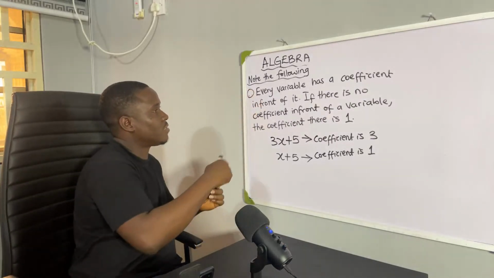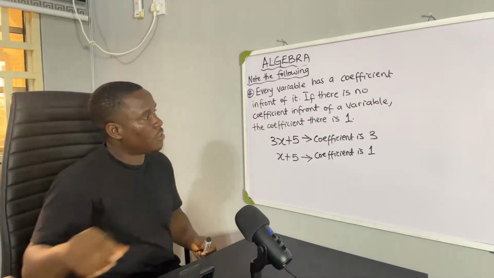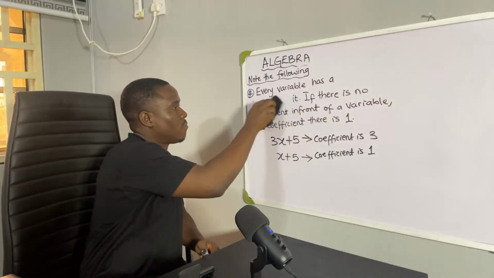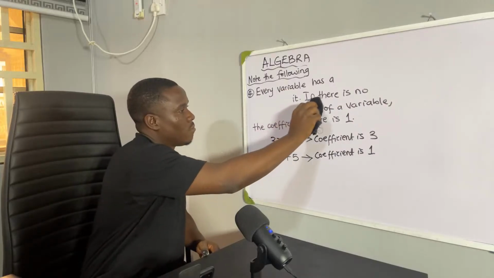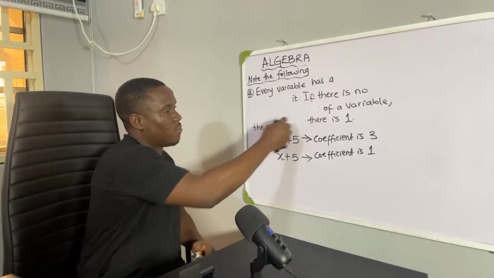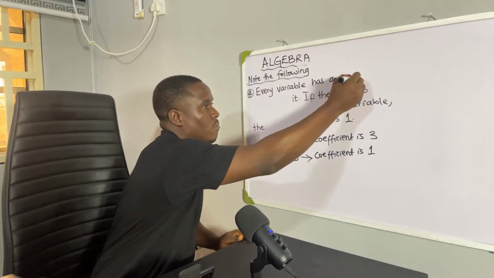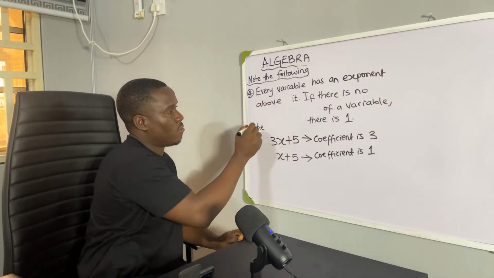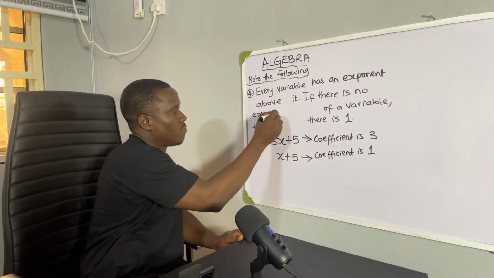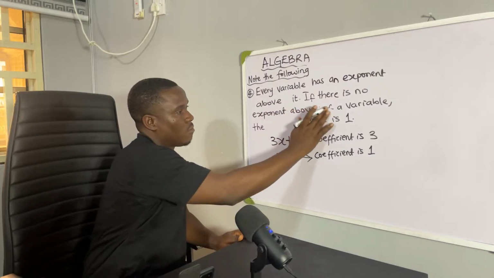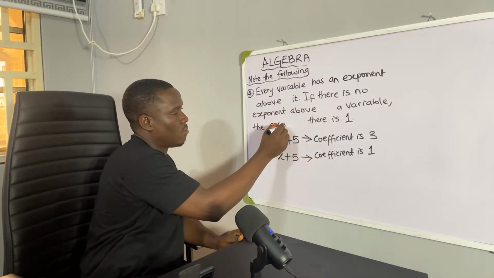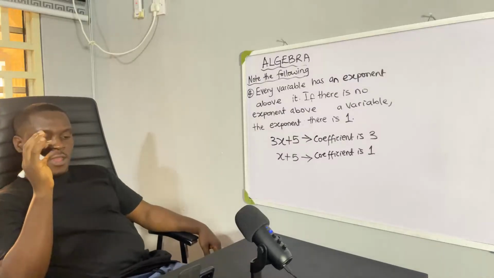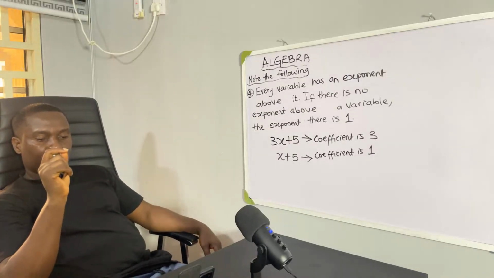So number 4 is similar to this. So every variable has an exponent above it.